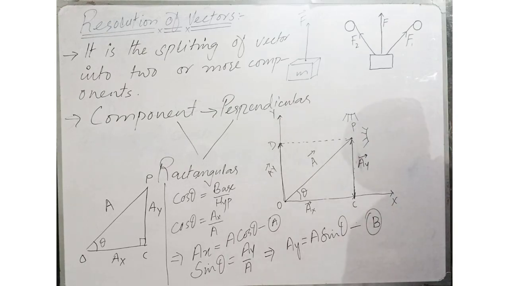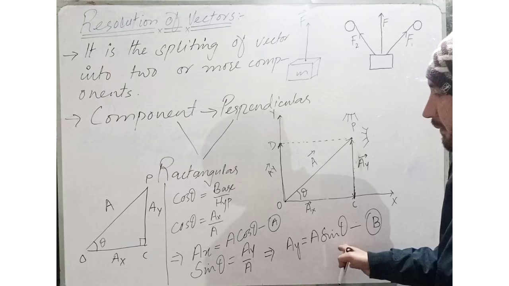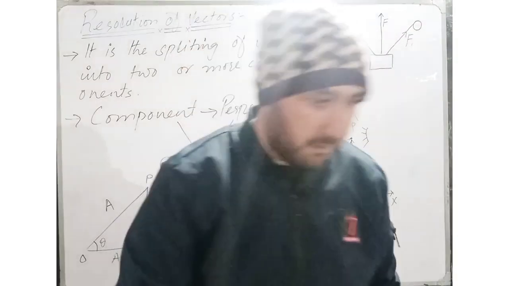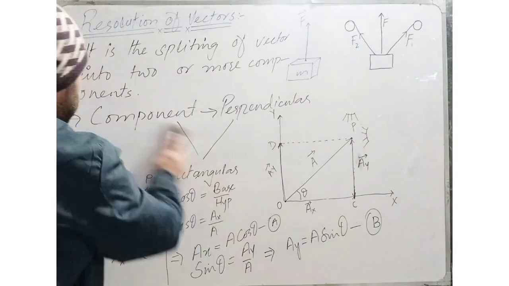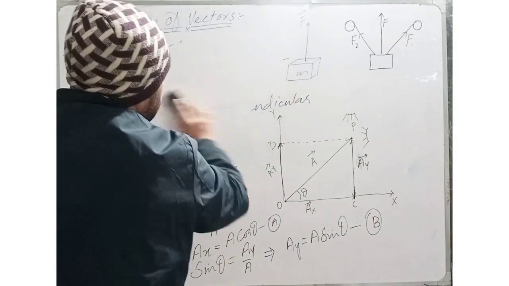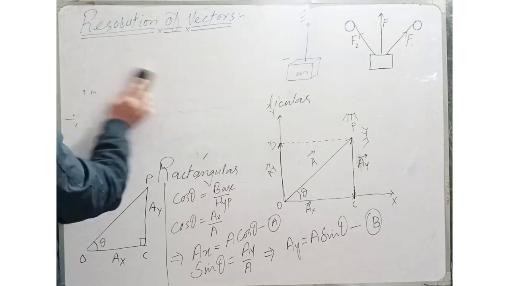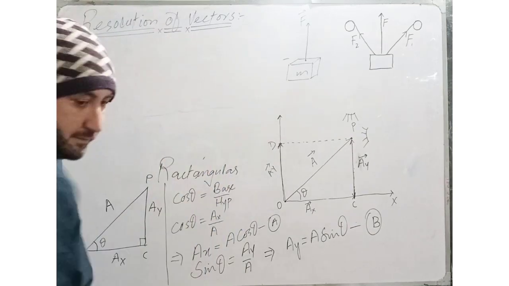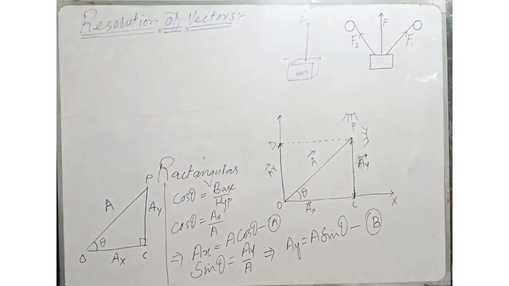Now, using these two equations we can write vector A in terms of its components.